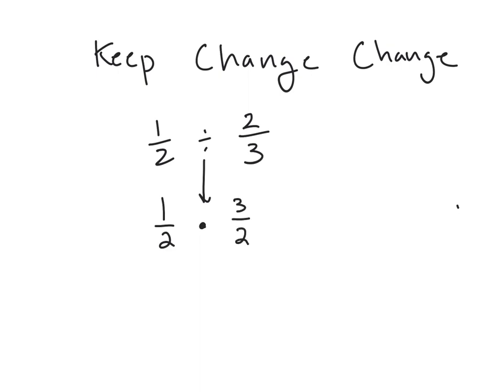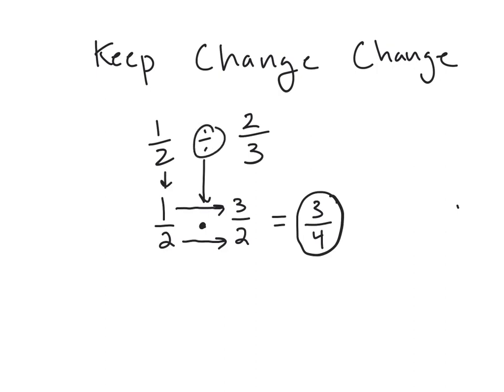And then we're going to multiply across. 1 times 3 is 3. 2 times 2 is 4. And then our new fraction is 3/4. So remember, keep, change your division to a times, and then change your fraction to flip it over.